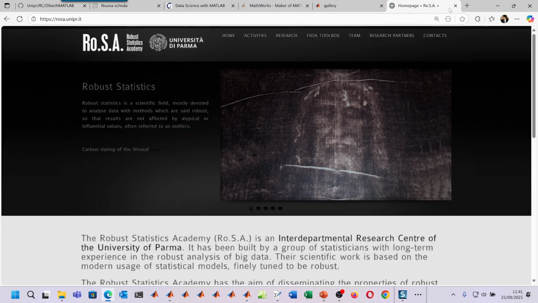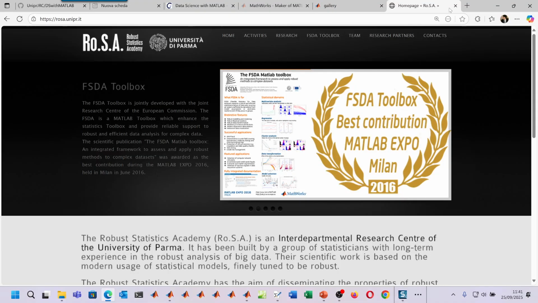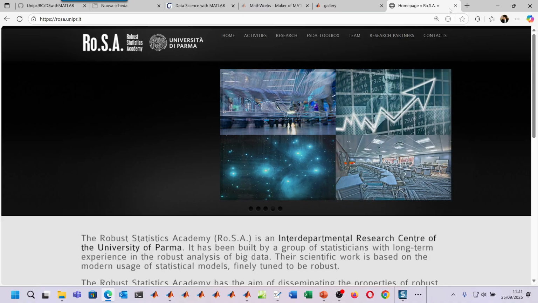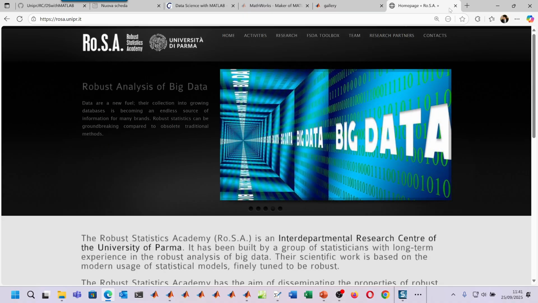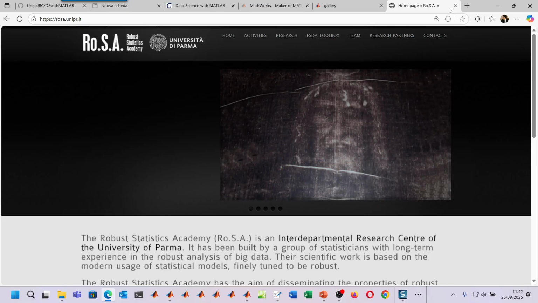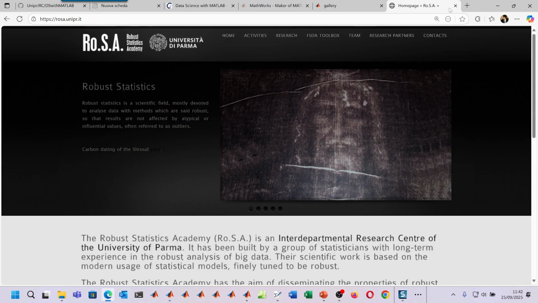ROSA stands for Robust Statistics Academy, experiencing robust analysis of big data. So, robust analysis is the analysis which is not affected by the presence of outlying observations. So there are regression, multivariate, machine learning models, or whatever, that are robust to the presence of outlying observations.